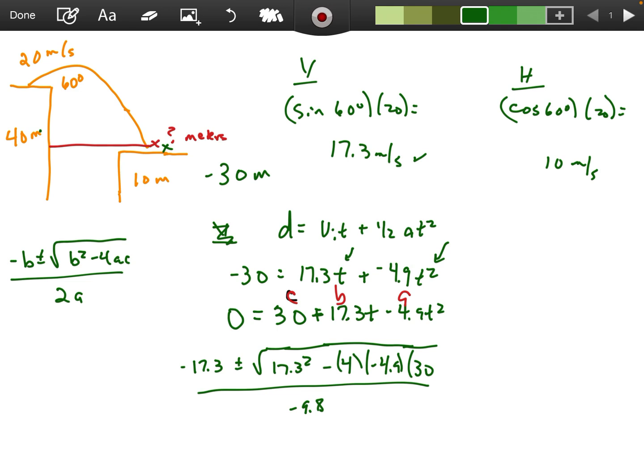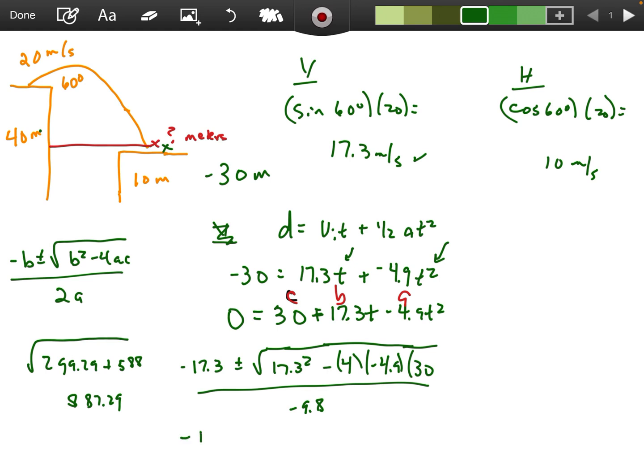Show me all of the work that you do to get your final answer. Underneath the square root, you should come out with 299.29 plus 588, and that would give you 887.29. And then the square root of that is 29.8.